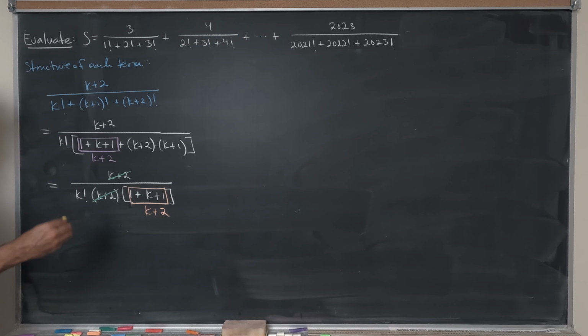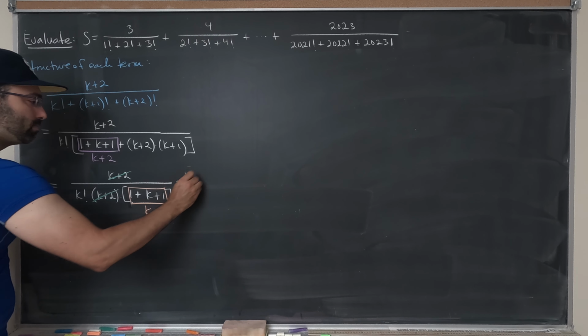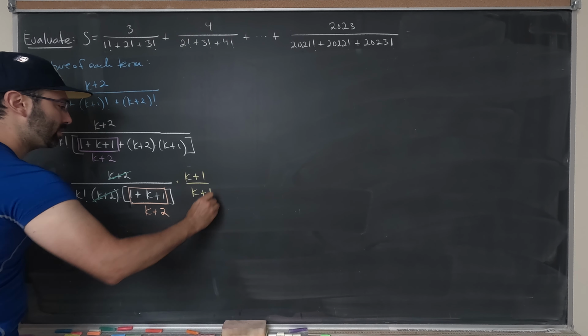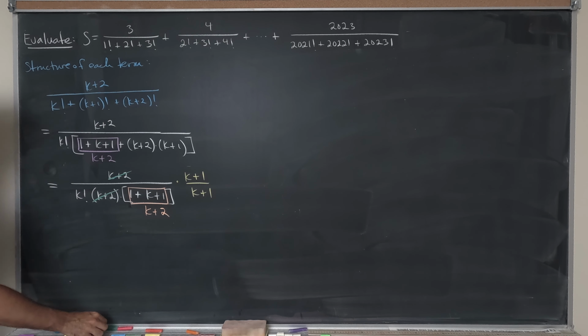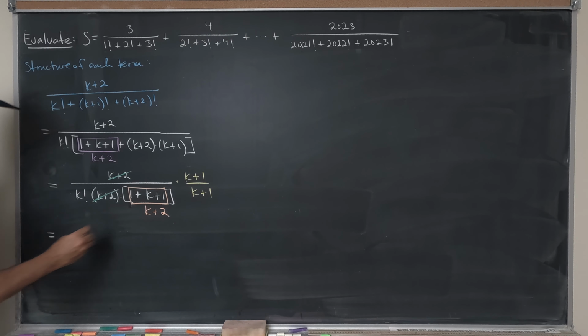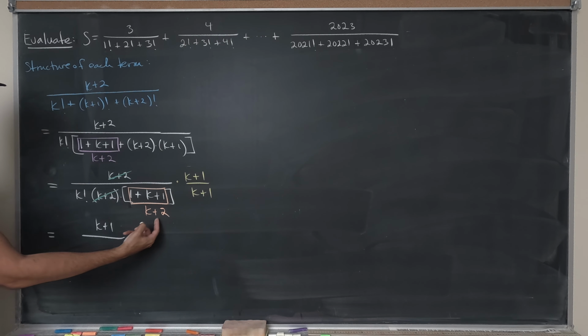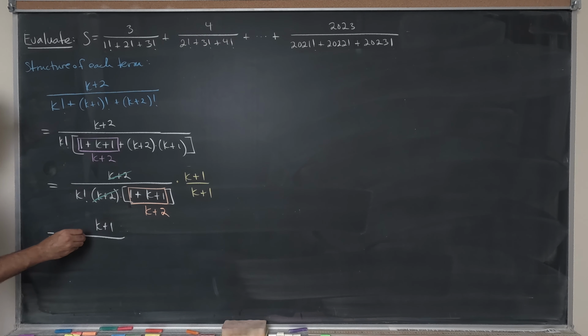But at the same time, we're going to multiply this fraction by k plus 1 divided by k plus 1. Why is that? Well, take a look at this. In the numerator, we have k plus 1. In the denominator, we have k factorial times k plus 2 times k plus 1. Well, let's write that a little more cleverly.